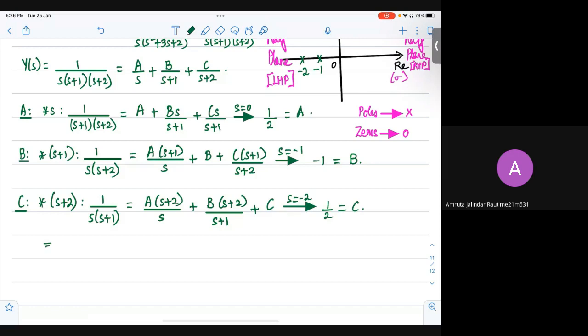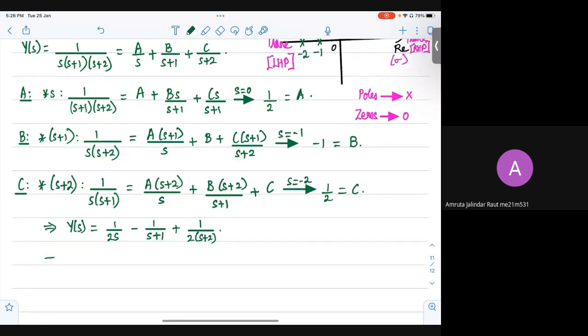So we have now obtained the partial fraction expansion of Y of s. This will be 1 by 2s, minus 1 divided by s plus 1, plus 1 divided by 2 times s plus 2. Now, can you help me with the inverse Laplace transform?